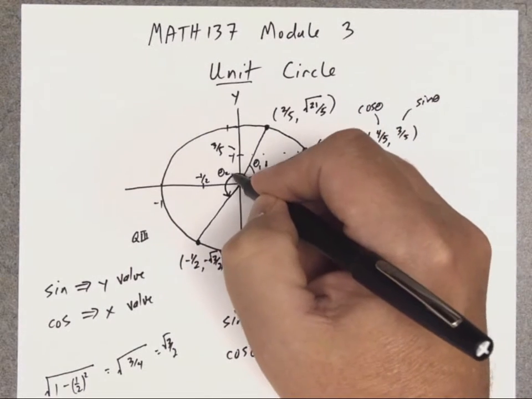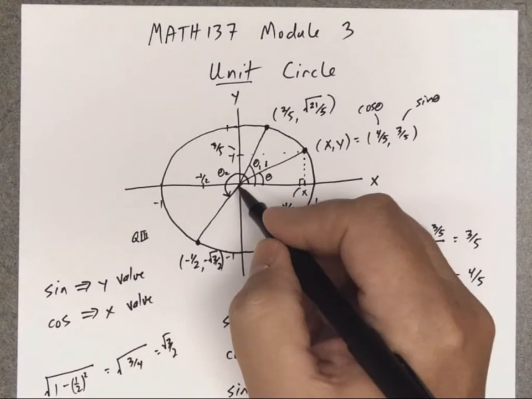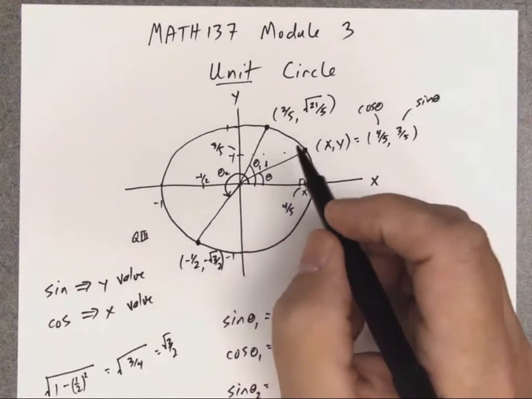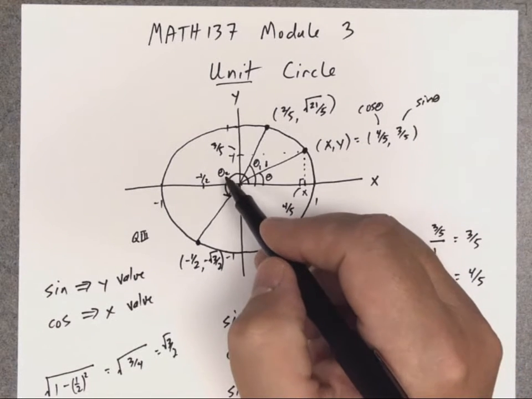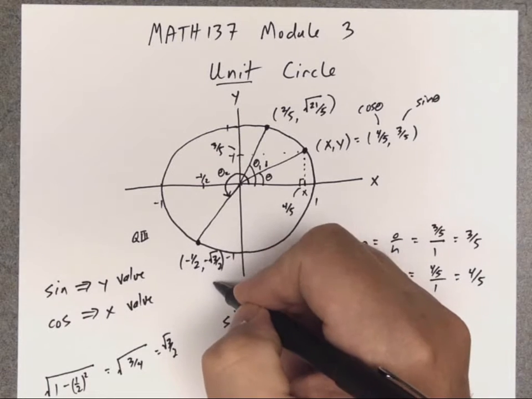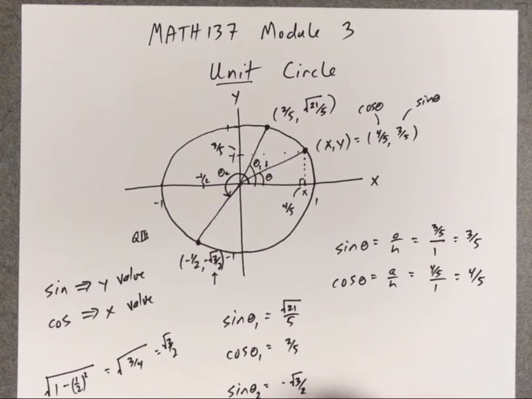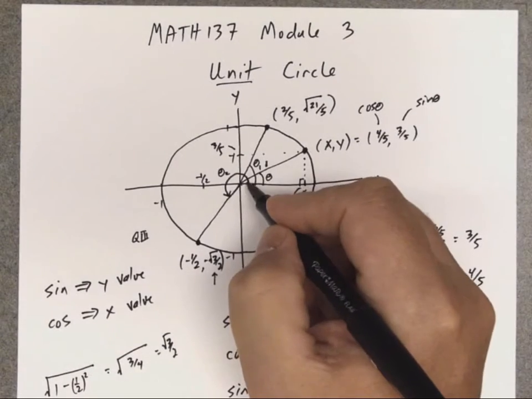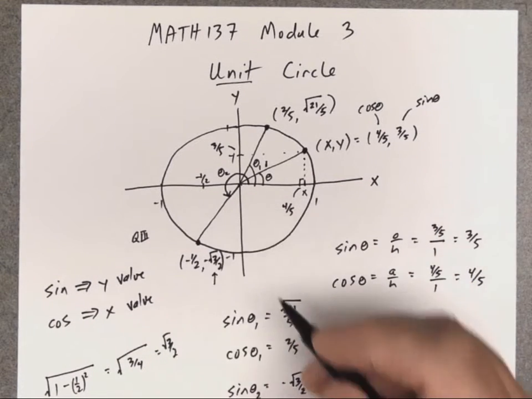So what's the sine of this angle? Whenever you have a unit circle, which we do, the sine is always the y value of the point. What's the cosine of this angle? The cosine is always the x value of the point.